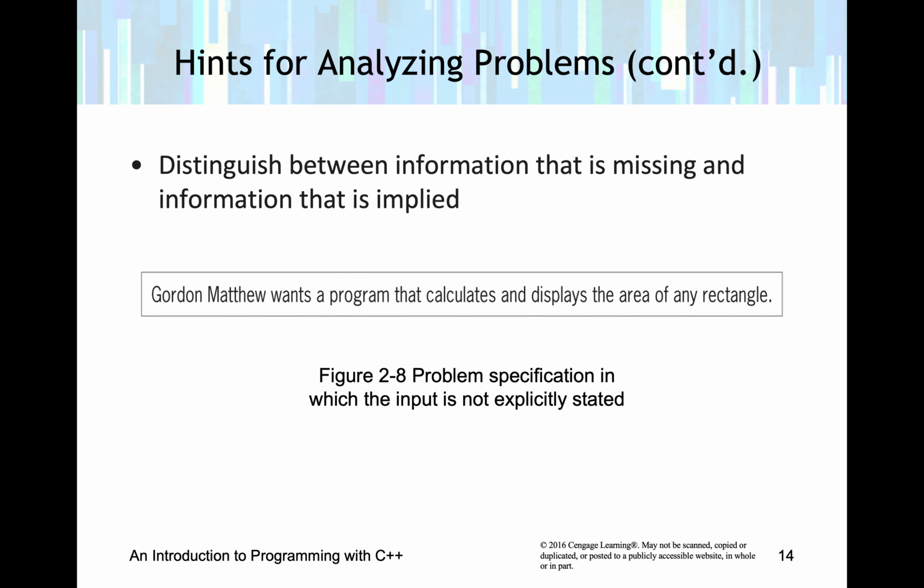Okay, so step 2, planning the algorithm. So they gave you a problem, you've analyzed it, you know what you need. Okay, so we're at this step here. What algorithm do I need to get the cost, given the price and the tax rate of the TV?